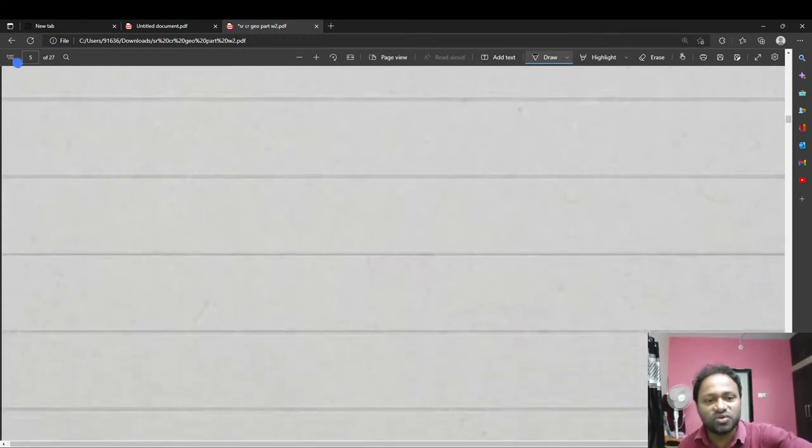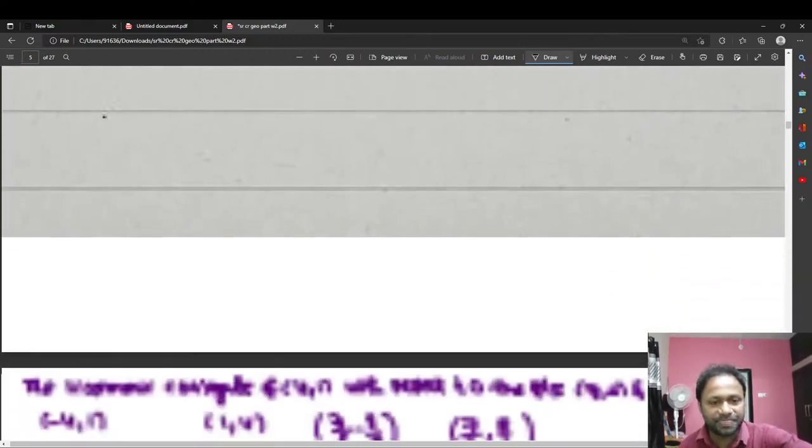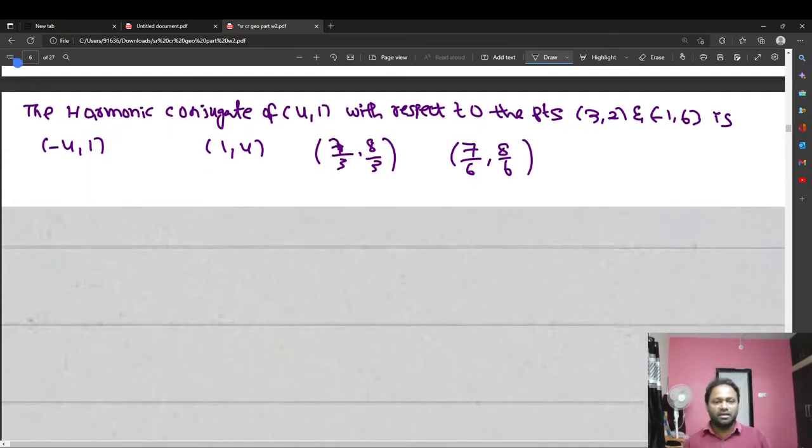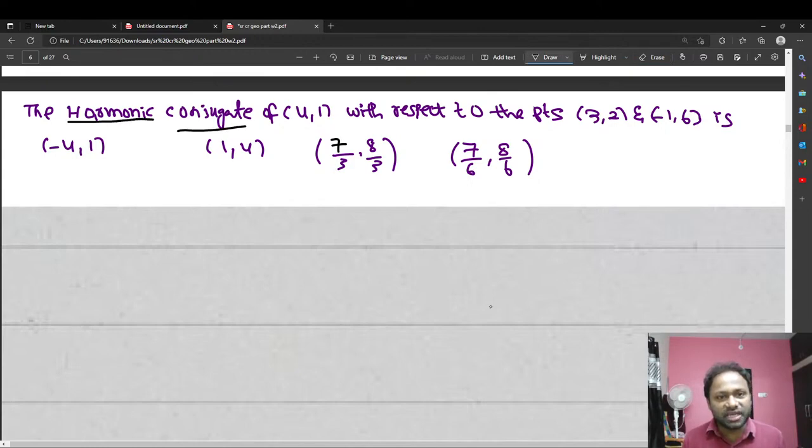Now we are going to move on to one more problem. This is a little bit different from the previous problems. Here, find the harmonic conjugate of the ordered pair 4 comma 1 with respect to the two given points. Aparna says different questions, sir.